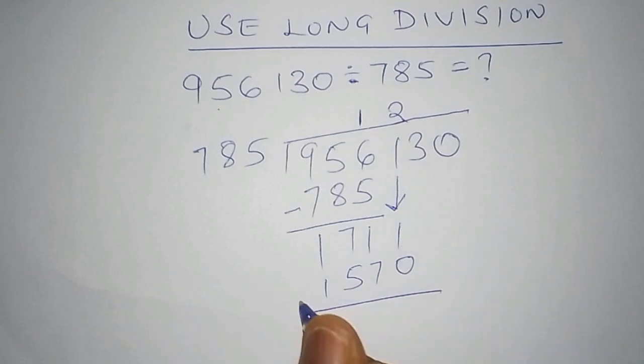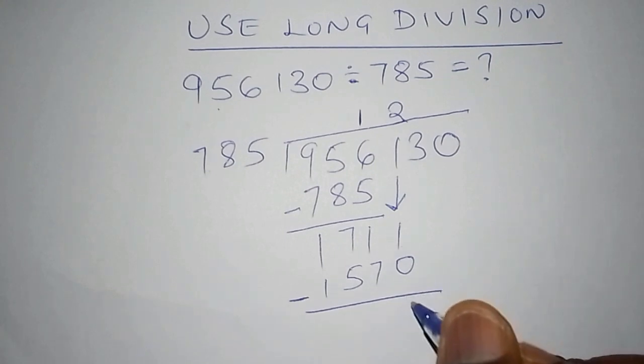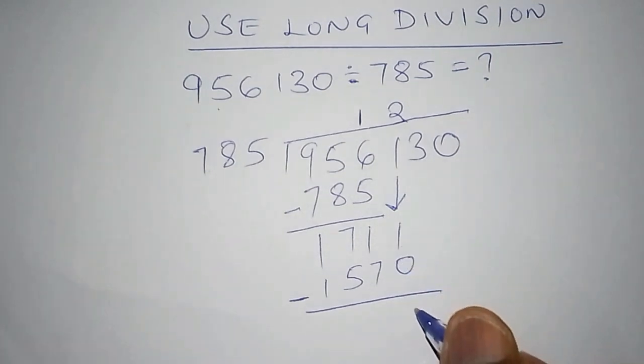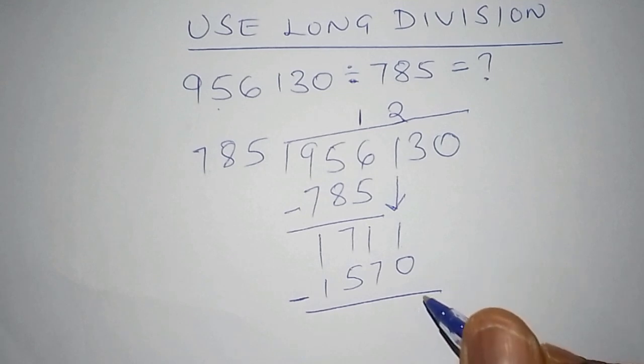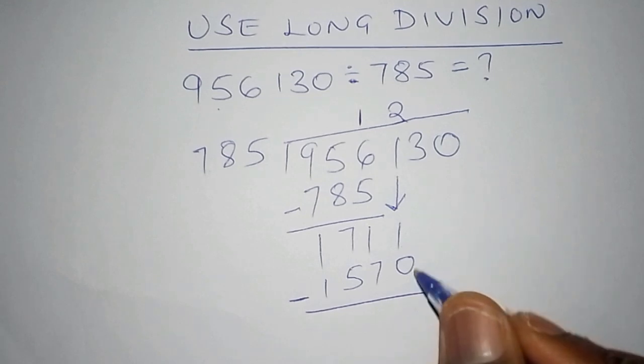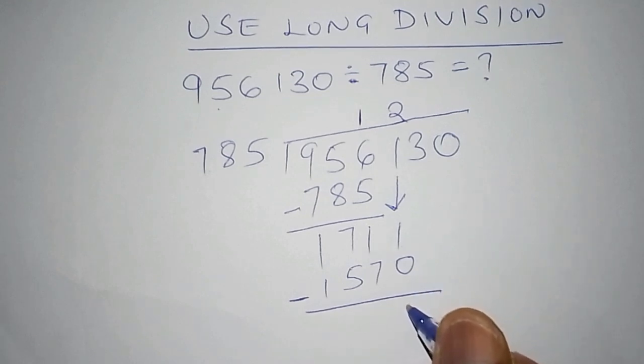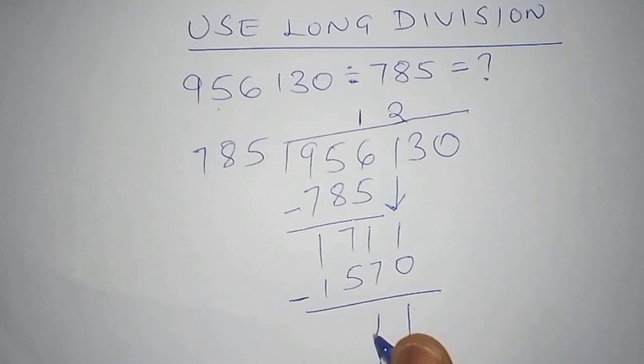From there we have to subtract to get the difference. When you subtract, that gives us 141. So now we are forced to remain with 141 there.